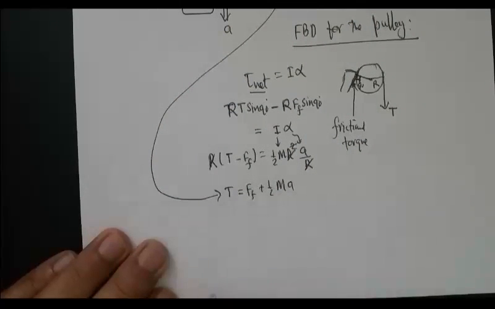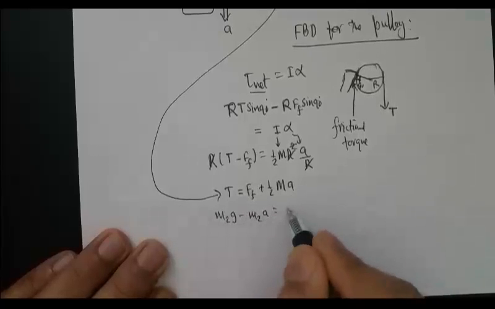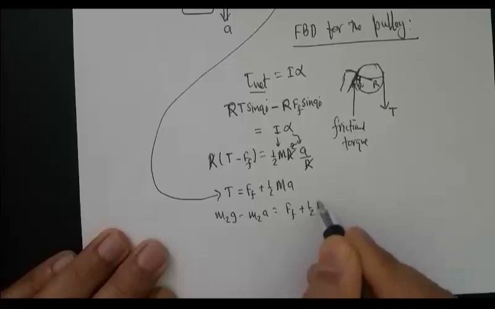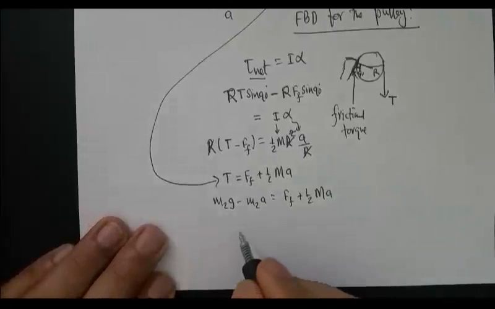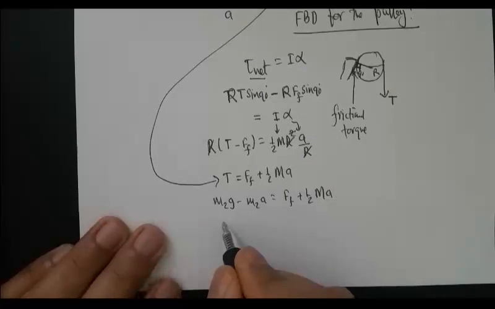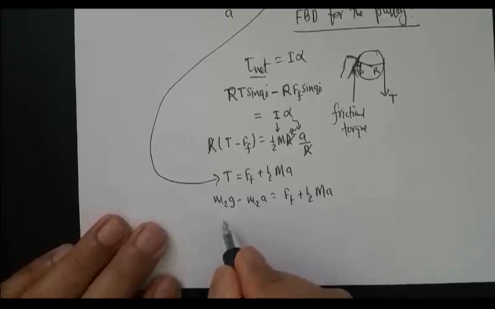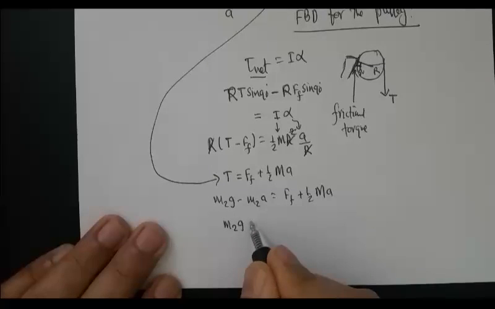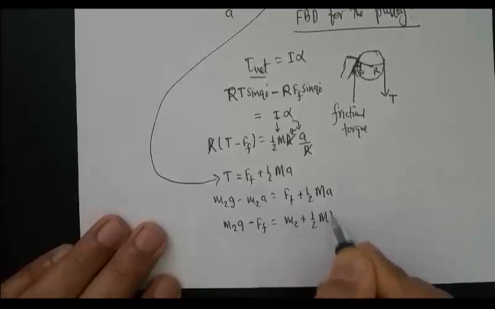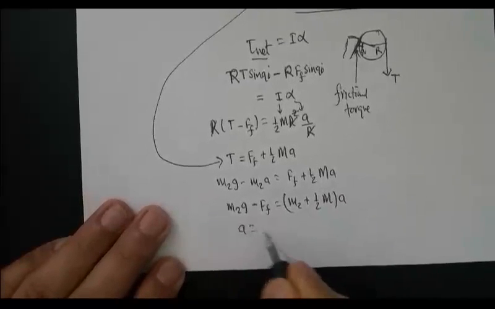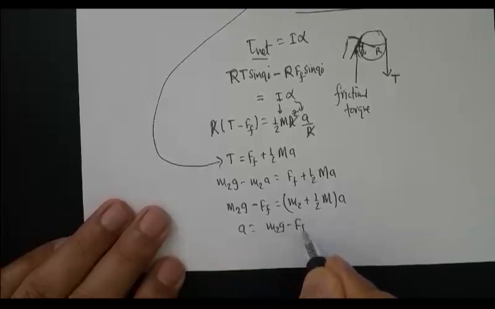The frictional force is given to you, so m2g minus m2a is the force of friction plus 1/2 the mass of the pulley times acceleration, and then you just need to solve for a. m2g minus force of friction is m2 plus 1/2 m times a, and the acceleration is m2g minus force of friction divided by m2 plus 1/2 m.